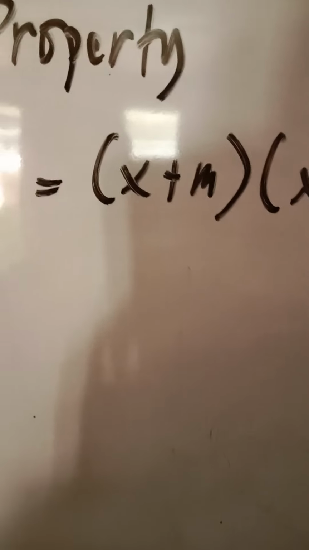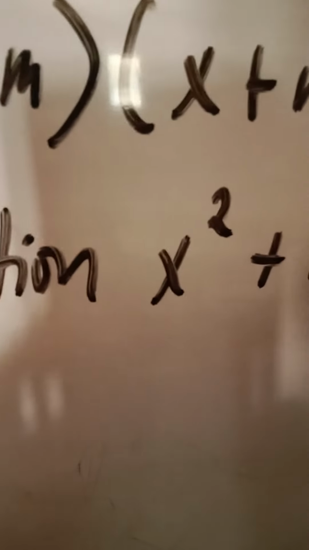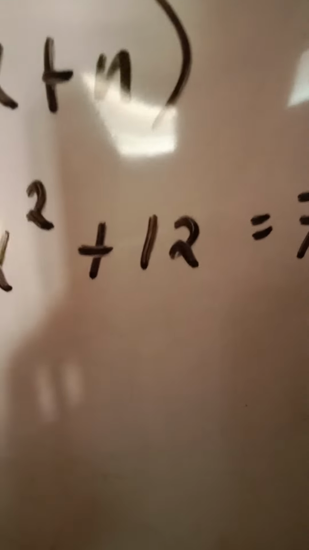So let's have our example for zero factor property, example number 1. We have to solve the equation x squared plus 12 is equal to 7x.